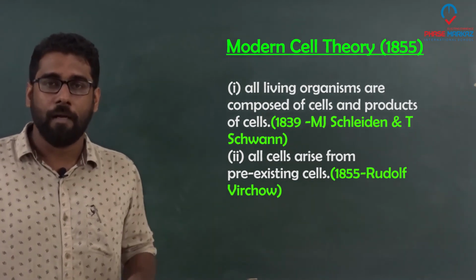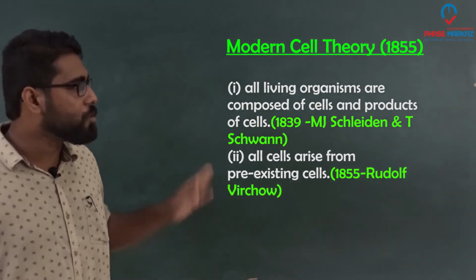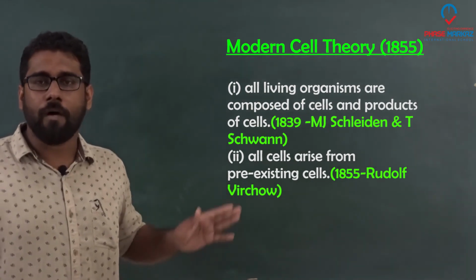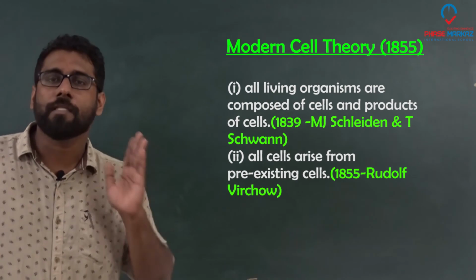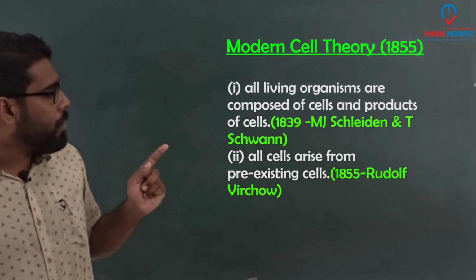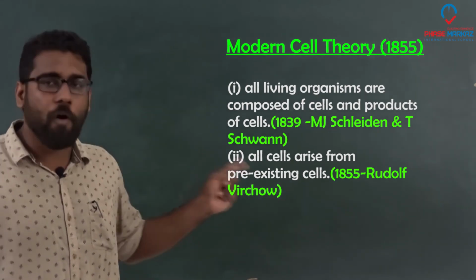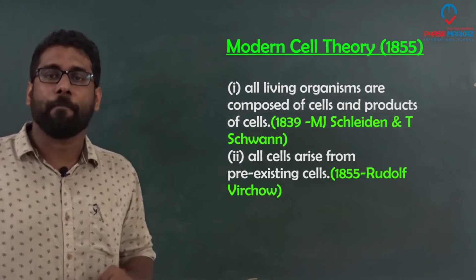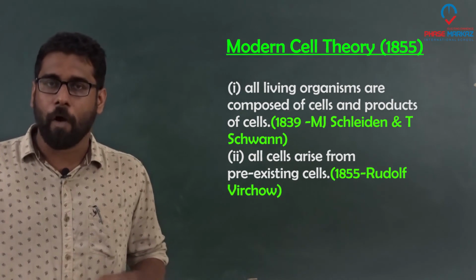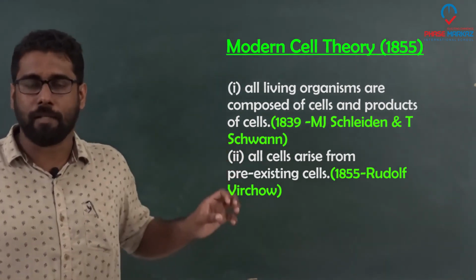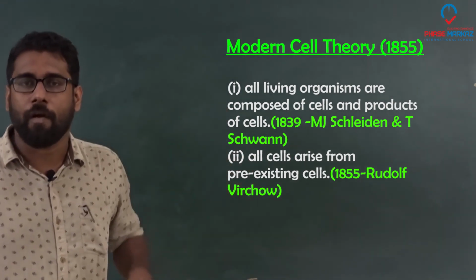And the second part, which Rudolf Virchow incorporated: all cells are formed from, or arise from, a pre-existing cell. This is the core point, and this is what we call the cell theory.